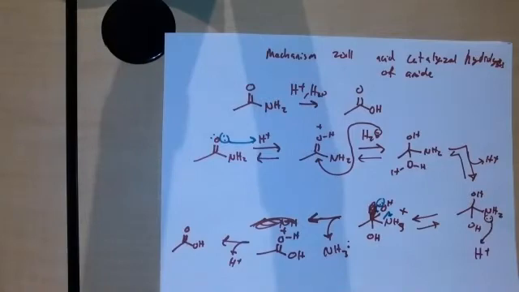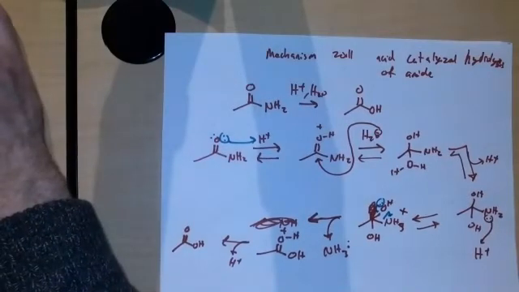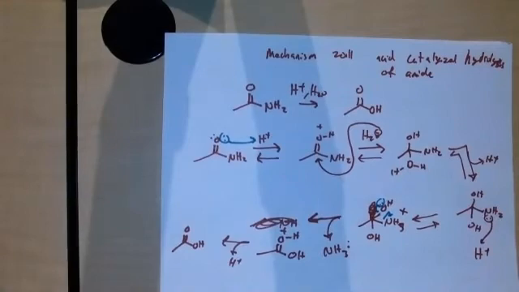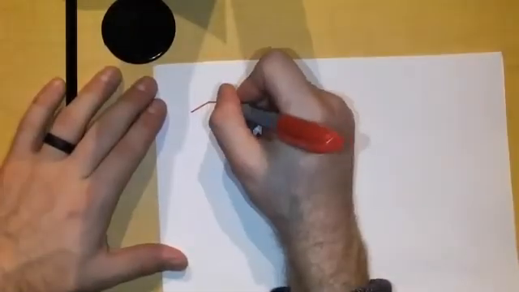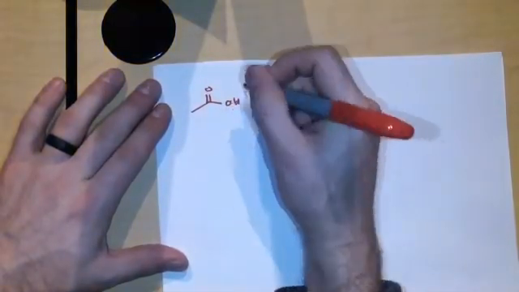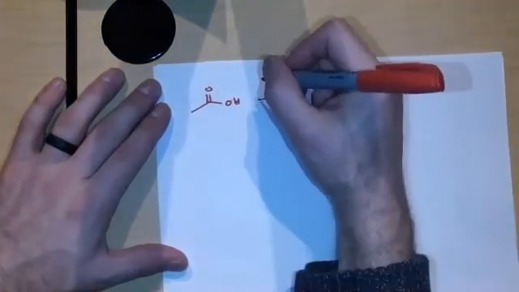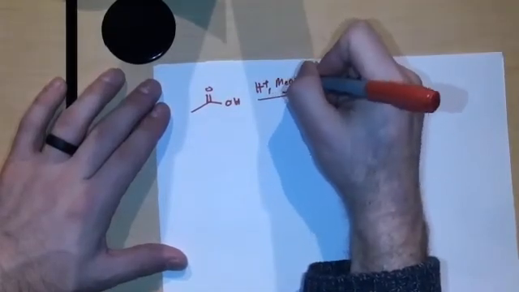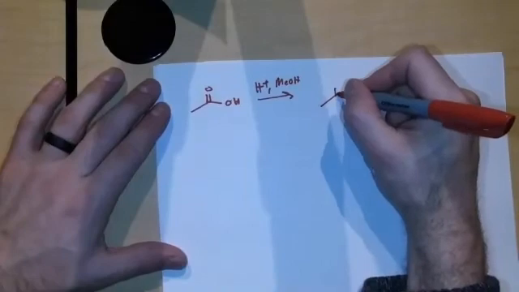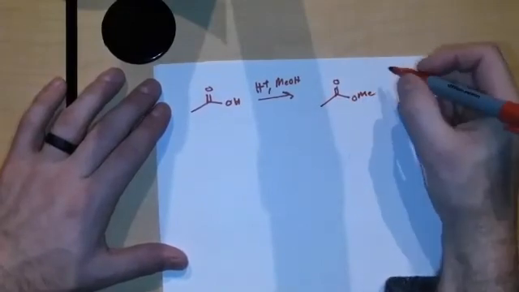Okay, so like we talked about previously, if we take a carboxylic acid, throw in H plus and MeOH, we can make an ester.